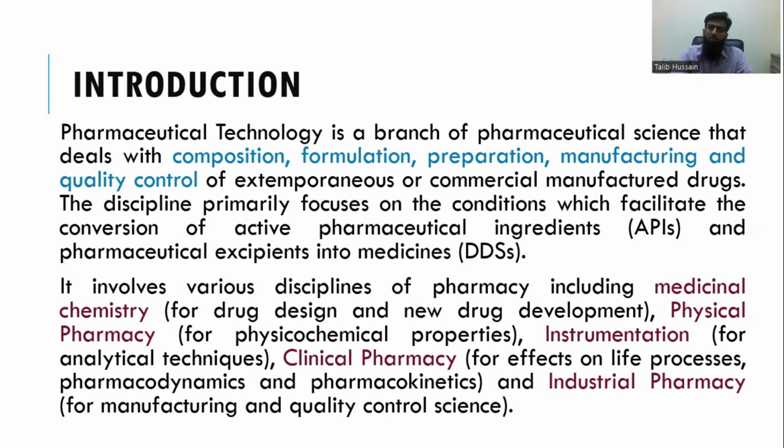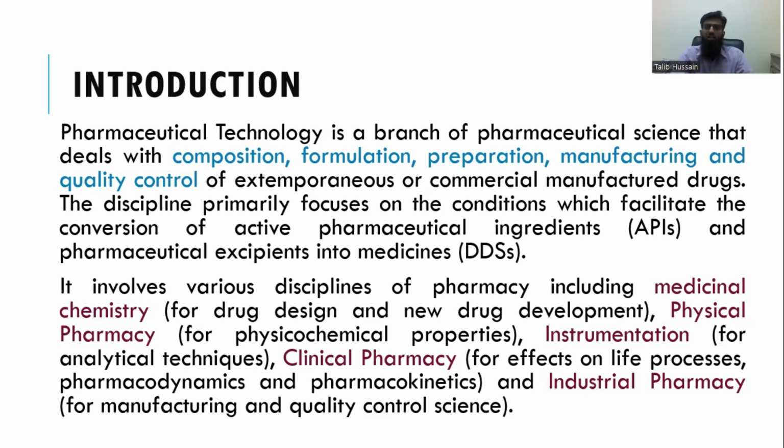And then for quality control analysis, we need some instrumentation or analytical techniques. For example, for its assay, HPLC techniques or spectrophotometric techniques can be used. And then for therapeutic quantification, or to check the effects on life processes or its mechanism of action, in which it will be moving, pharmacodynamics, and in which it will be eliminating or moving from one body part to another part, we will need clinical pharmacy.